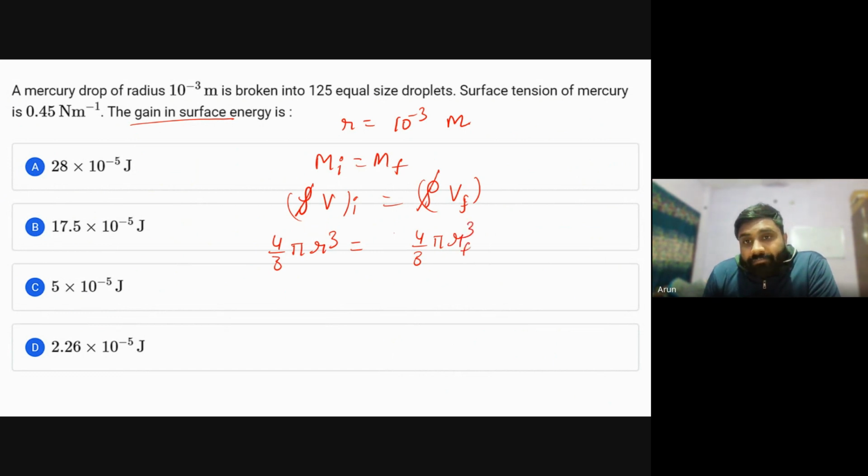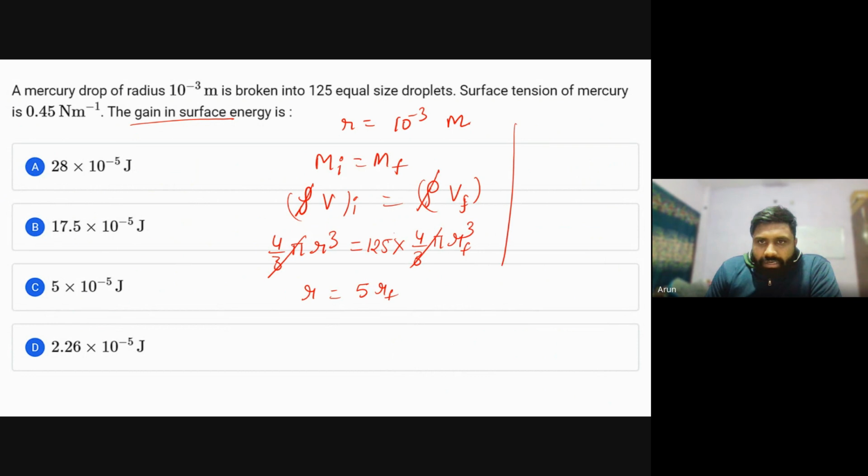Now this is for only one droplet out of these 125, so we have to multiply this by 125. Now this will cancel out. So R is nothing but 5 r final. R final you will have as R upon 5, or 0.2 into 10 raised to the power minus 3 meter.